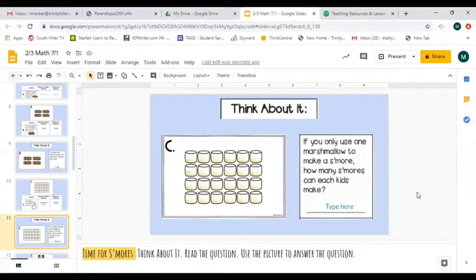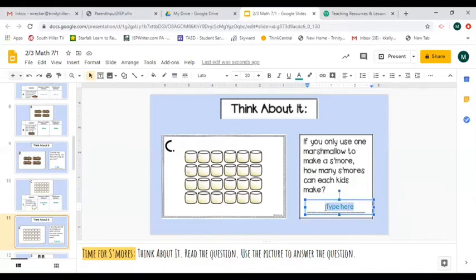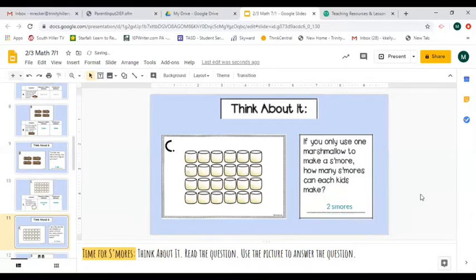So that's 12. So 24 divided by 12 is 2. So each kid can make 2 s'mores with the 24 marshmallows.